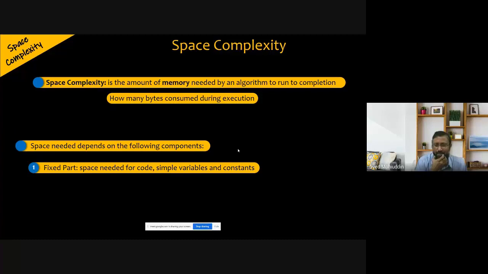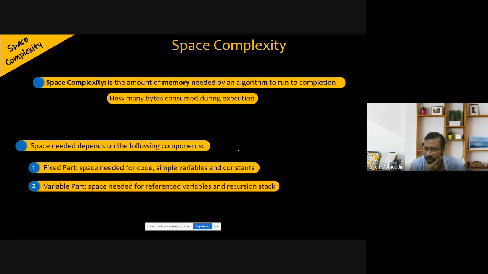So space needed for the code, as well as space needed for simple variables and some of the constants that we define in an algorithm. The simple variables we will look at later with an example. So this forms the fixed part.